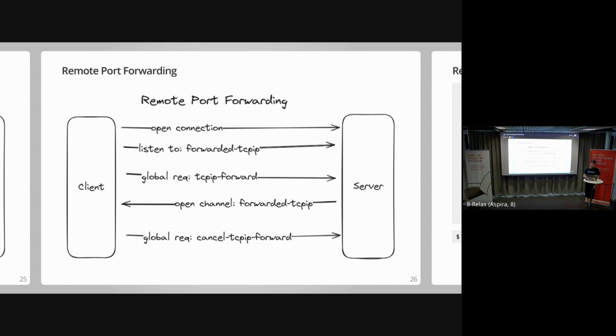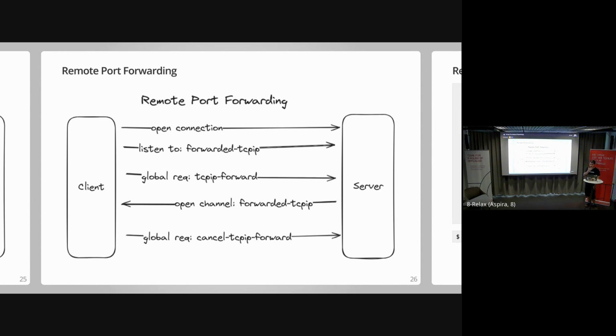When the client doesn't want to share the port anymore, it sends a global request to close the channel. In our case, Dataddo is the server and the customer is the client. So the client virtually pushes the database port to our server.